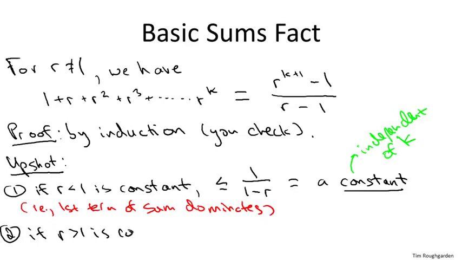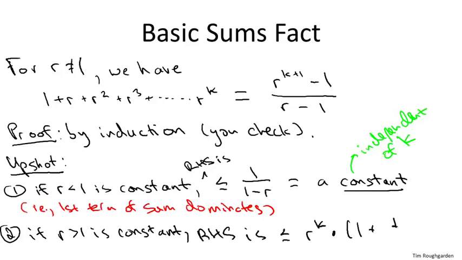A similar situation holds for the case where r is a constant bigger than 1. When r is bigger than 1, a tiny bit of algebra shows that we can upper bound the right-hand side by r to the k times something which is constant, independent of k. So again, let's interpret the second upshot in terms of a canonical value of r, namely r equals 2. Then our sum is 1 plus 2 plus 4 plus 8 plus 16, and so on.